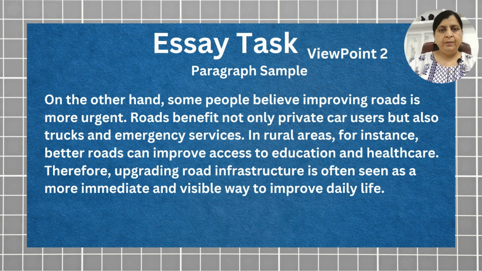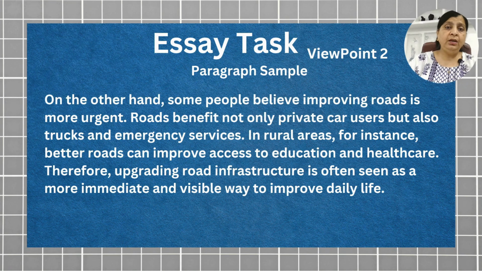On the other hand, see the transition that has been given to the second paragraph. Here itself, on the other hand, means you are giving your second opinion. For instance, means the start of a sample and evidence.